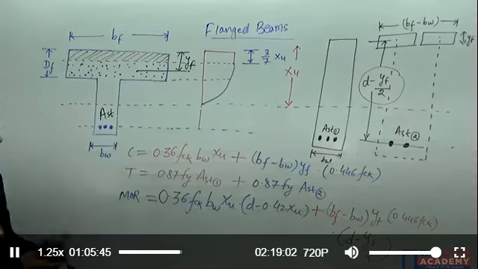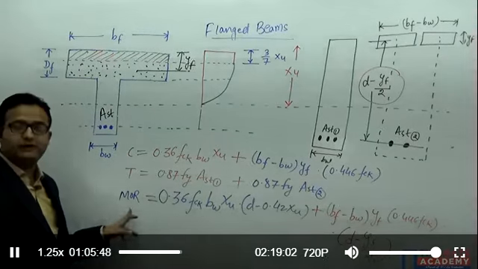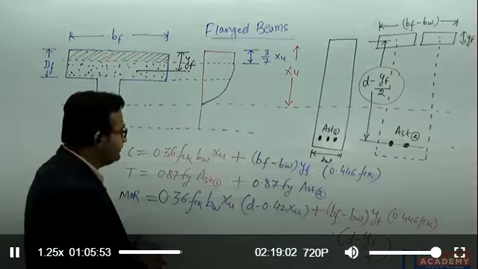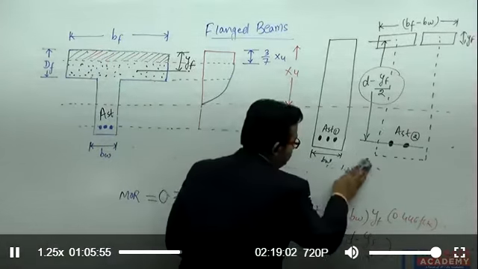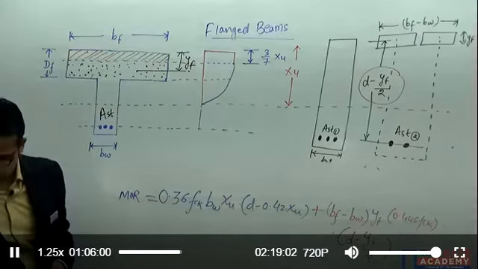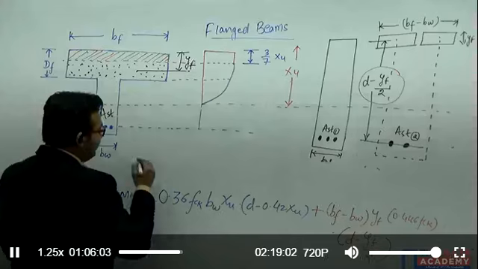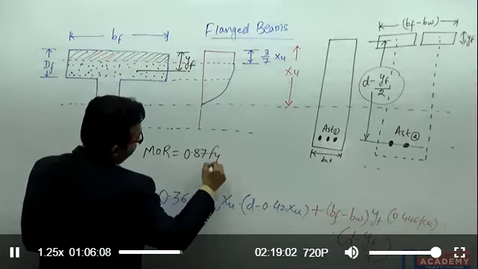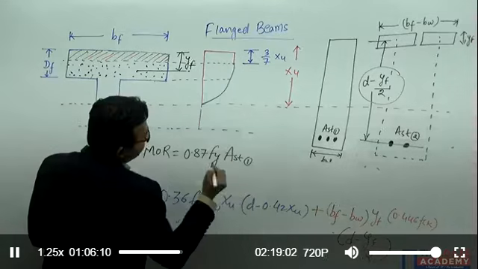Done. So let's calculate the moment. This moment of resistance is the moment of resistance in the compression zone. Let's calculate the moment of resistance in the tension zone. The moment of resistance in the tension zone is equal to 0.87 Fy ST1.